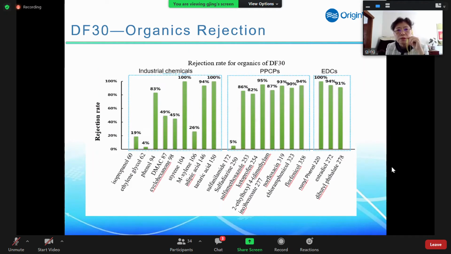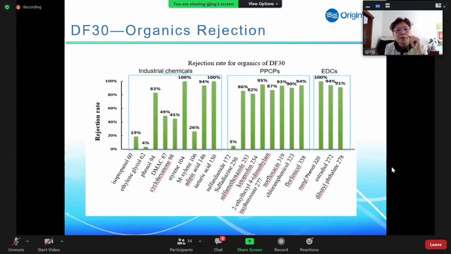When we think about using nanofiltration in a water treatment plant, it's not for all treatment plants. For example, we do not need nanofiltration in Sydney, Australia, because the water source is in good condition.